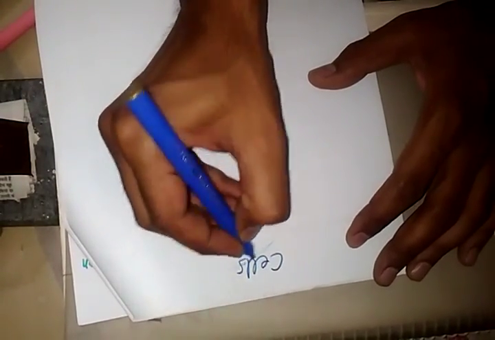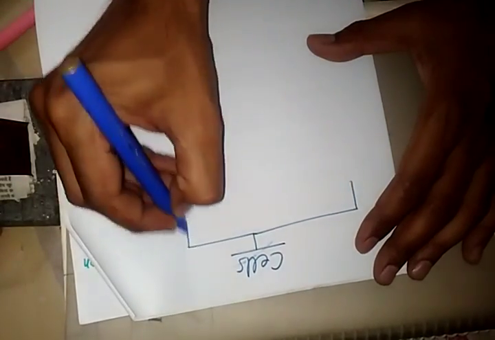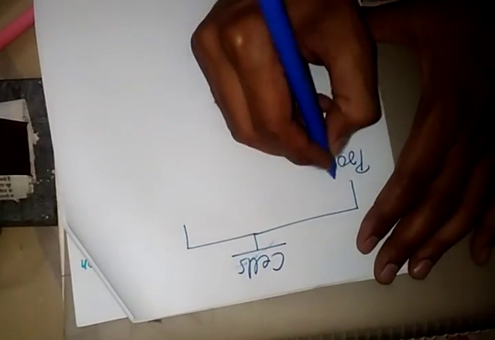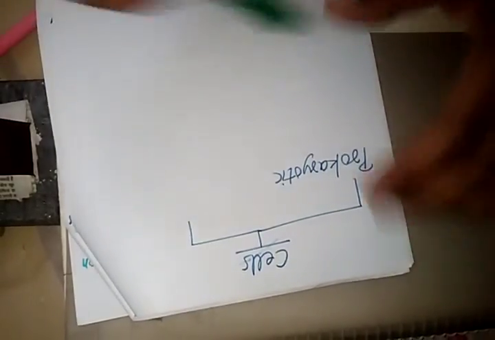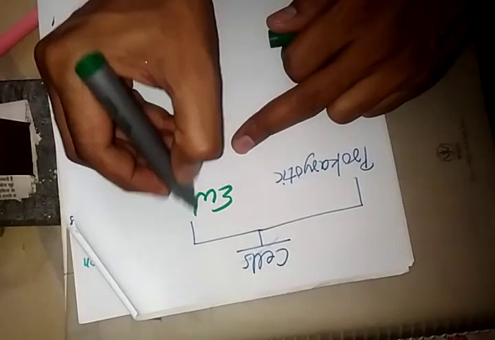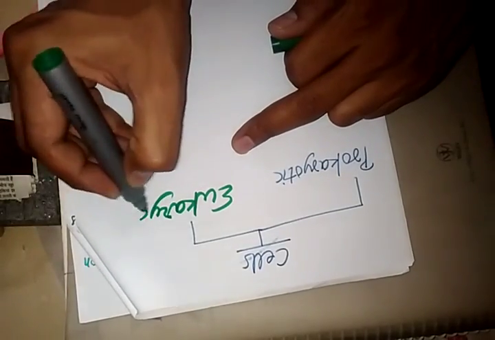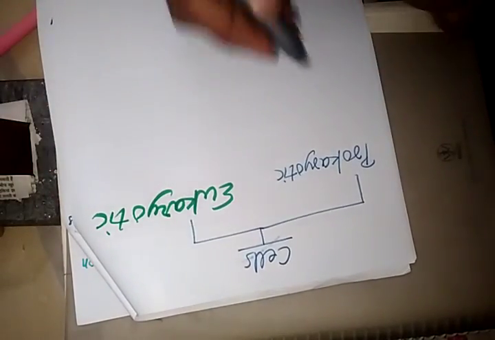Okay, so cells can be of two types: prokaryotic and eukaryotic.